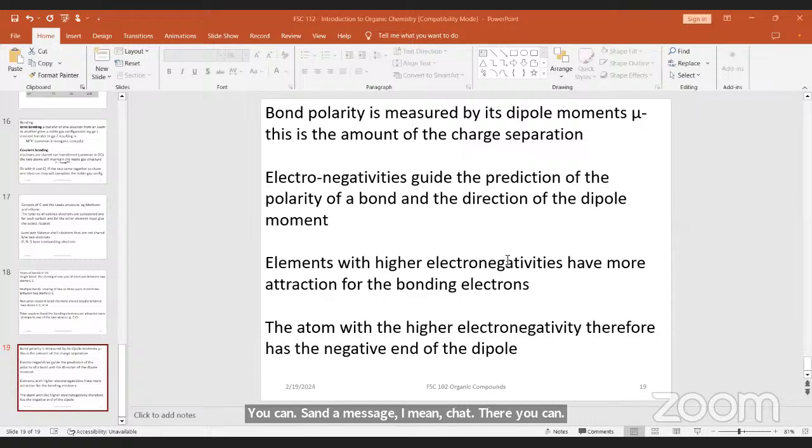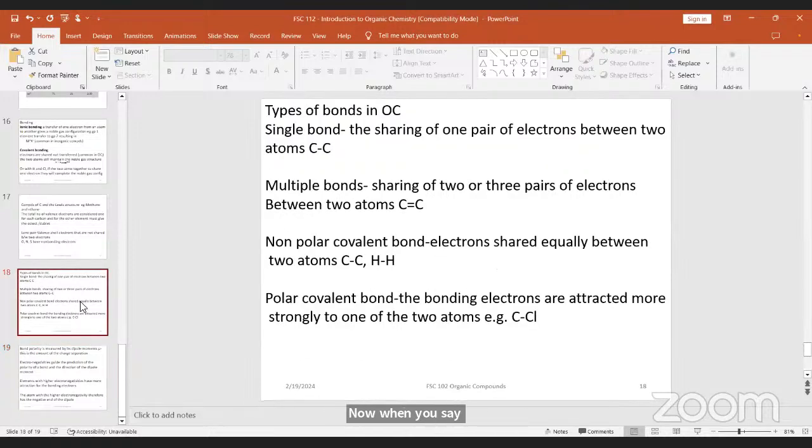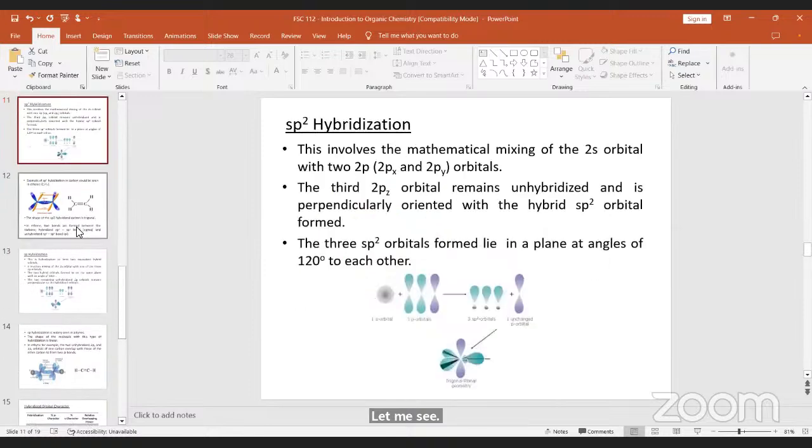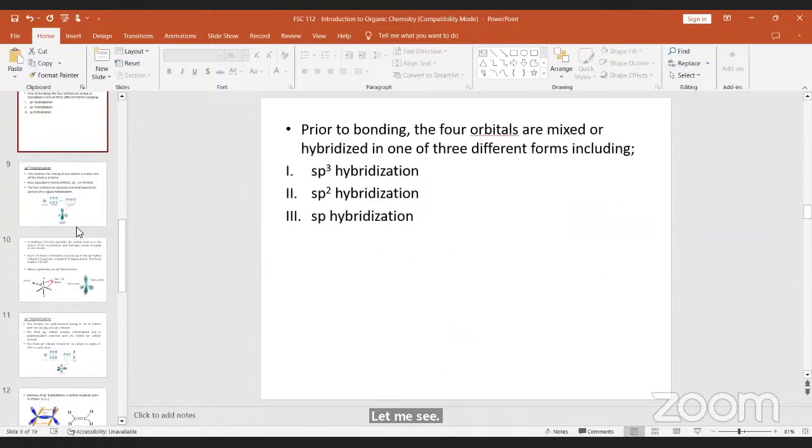There's a question here. Please help me differentiate between lone pair and unpaired electron. Lone pair. Let me see whether I can find a suitable example.